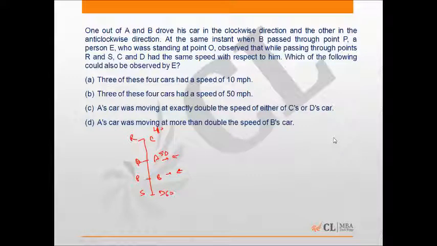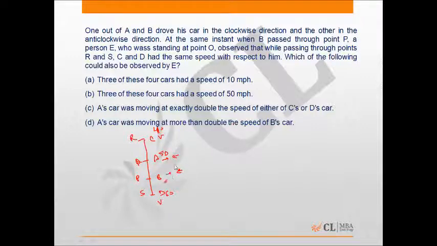This one says that out of A and B, one is rowing in clockwise direction, another is anti-clockwise, and there is a person E standing at O. Observe that the speeds of C and D are the same. That means their actual speed, because the person at O, which is E, is standing, right? So the following can also be observed by E. So let's assume the speeds of C and D is V, okay?